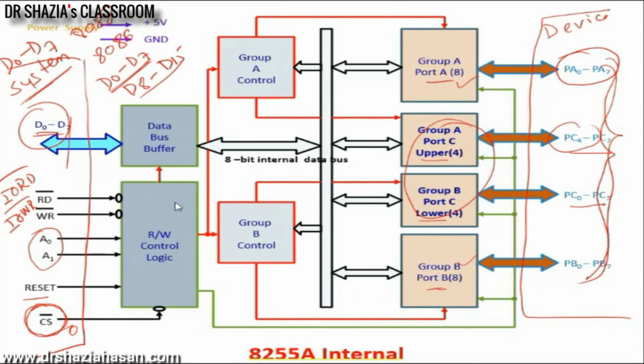It is an 8-bit device, capable of transferring 8 bits of data only. And you are not going to access two devices at the same time with the same port address. That is possible with memory, where I can access two memory locations, but here I cannot access two IO devices.